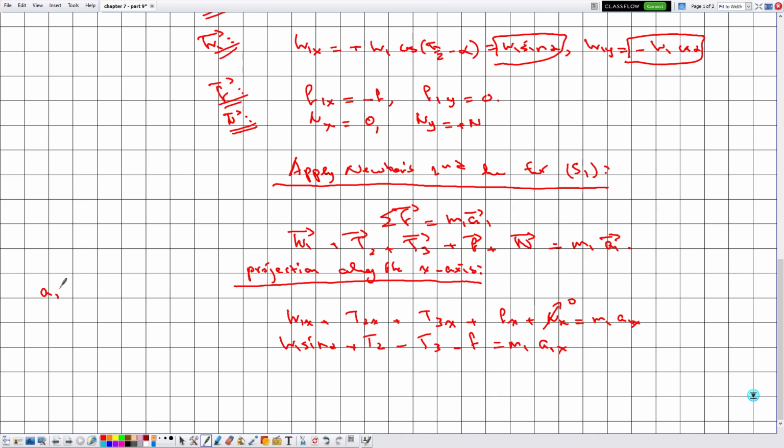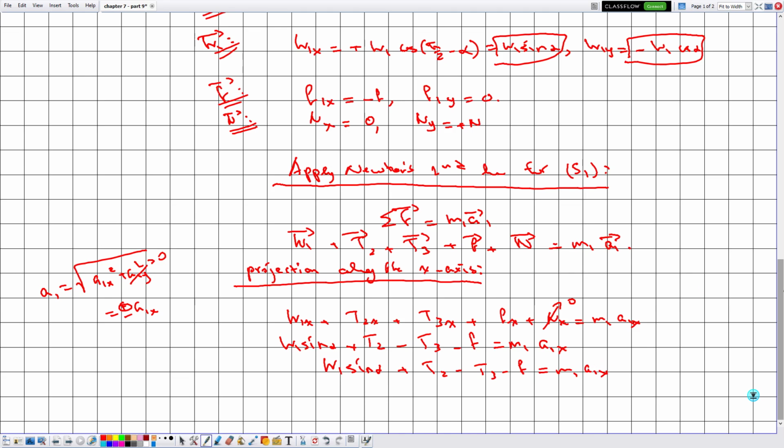Notice that a1 is equal to the square root of a1x squared plus a1y squared. There is no motion along the y-axis, so it's simply plus or minus a1x, and we'll take the positive because it is in the positive direction of motion. So now W1 sine alpha plus T2 minus T3 minus F is equal to M1 a1x.